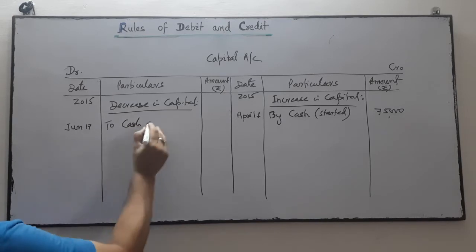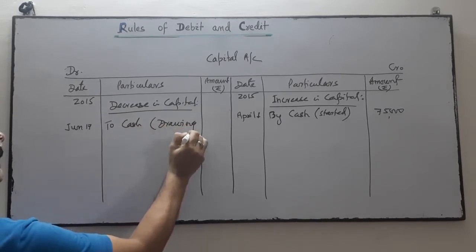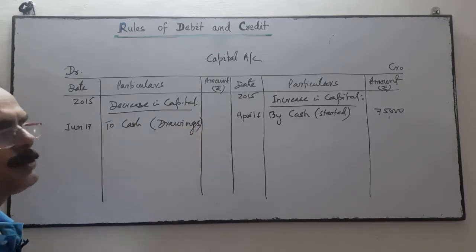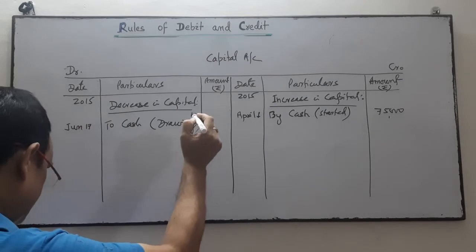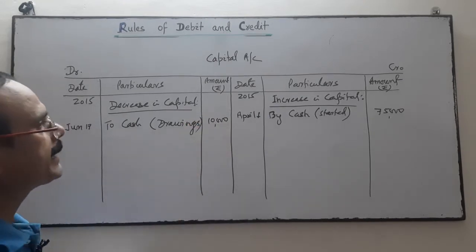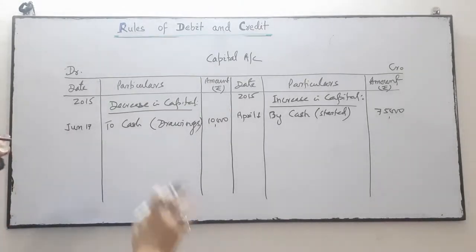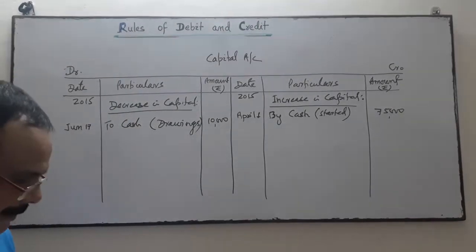When the proprietor withdraws an amount from the business for personal use, it is called drawings. So drawings is 10,000. Here the capital is reduced. That's why we have written it on the debit side, decrease in capital.